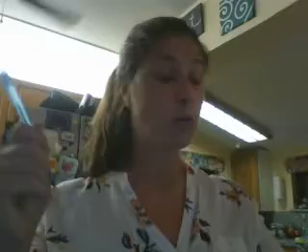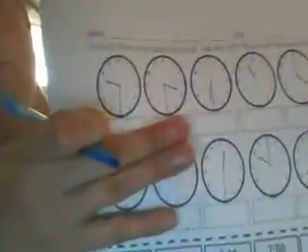I want you guys to write it on your whiteboards. So I'm going to help you with the next one, but I want you to write it on the whiteboards. And then when you're done, I want you to hold up the whiteboard. How about the next one?